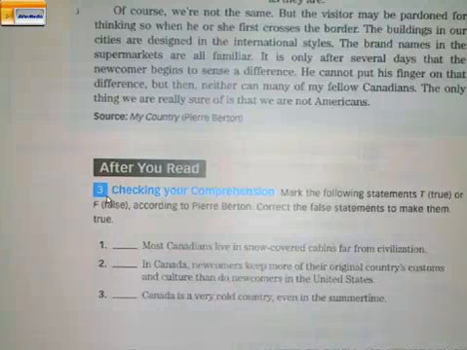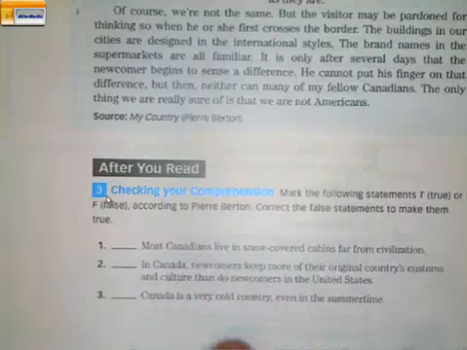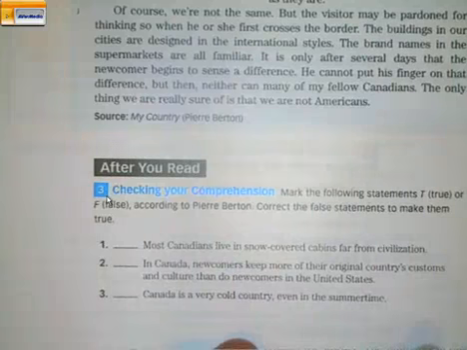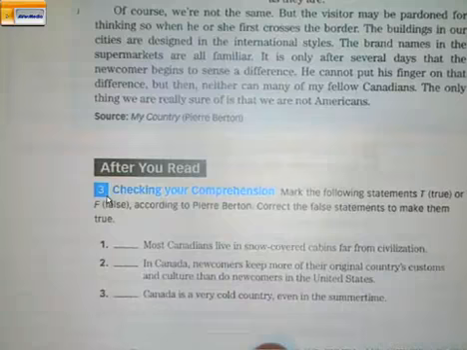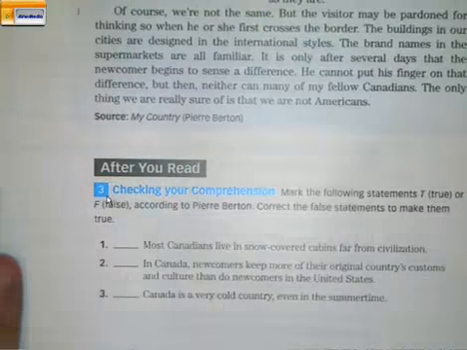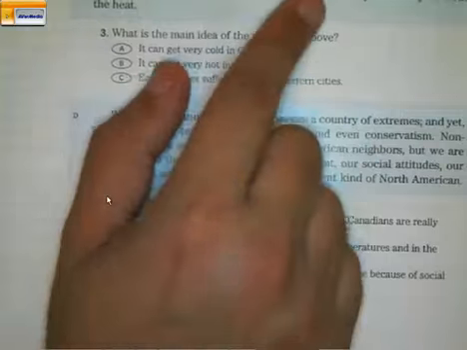This is what the passage talked about, that you can keep your customs and your culture when you go to Canada, unlike America. Canada is a very cold country, even in the summer time. Yes, it can get very cold and also it can get very hot. If we go to the paragraph here, we will see the answer.